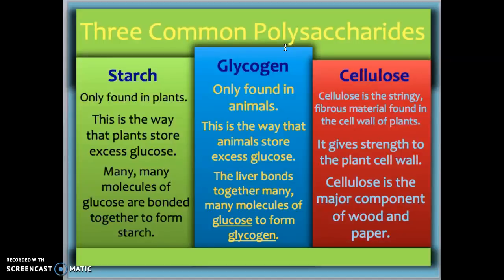In animals like us, we don't build starches. Instead, we take excess glucose, link it together in our liver, and make glycogen. So same situation. If you're consuming more carbs than you are using, then your body will chain up all those glucose molecules and store it for long-term storage.